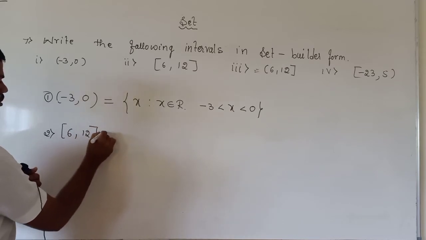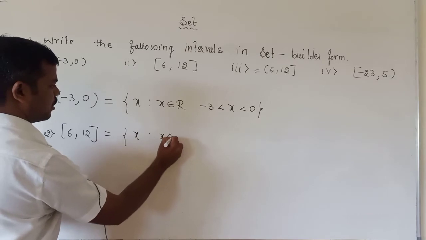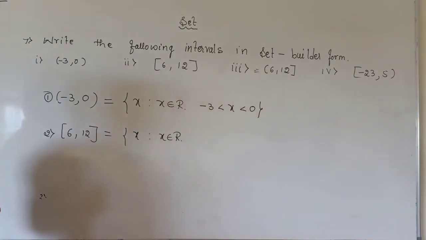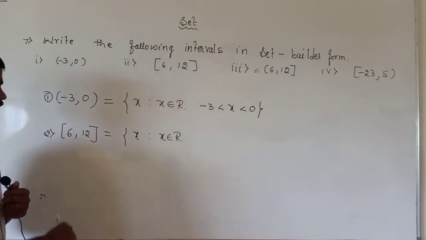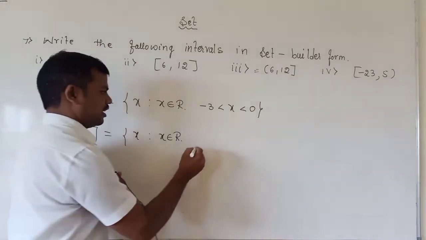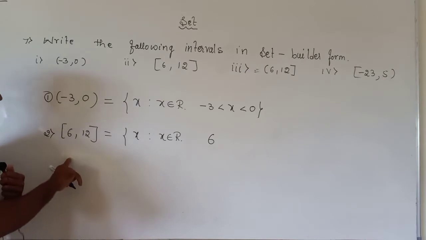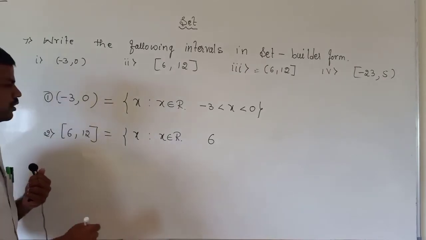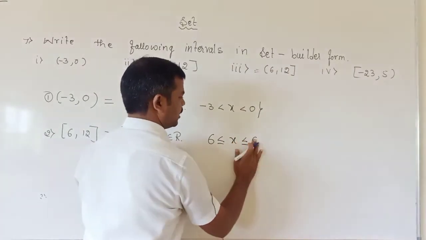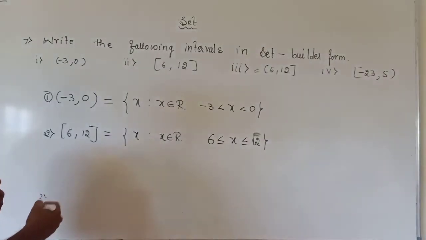It is the set of x such that x belongs to the real numbers between 6 and 12. Whether 6 is included or not: 6 is included, and 12 is also included. So including 6 to including 12, this is called a representation in set builder form.